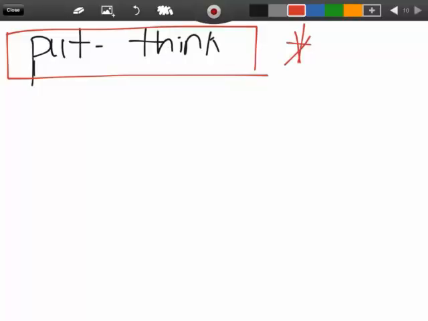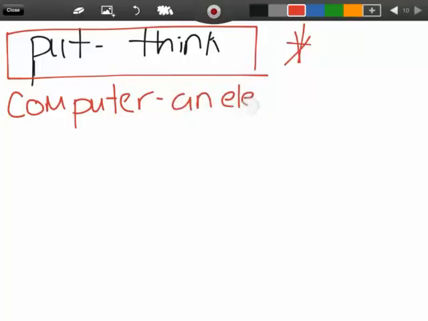One of them is computer, meaning an electronic thinking device.